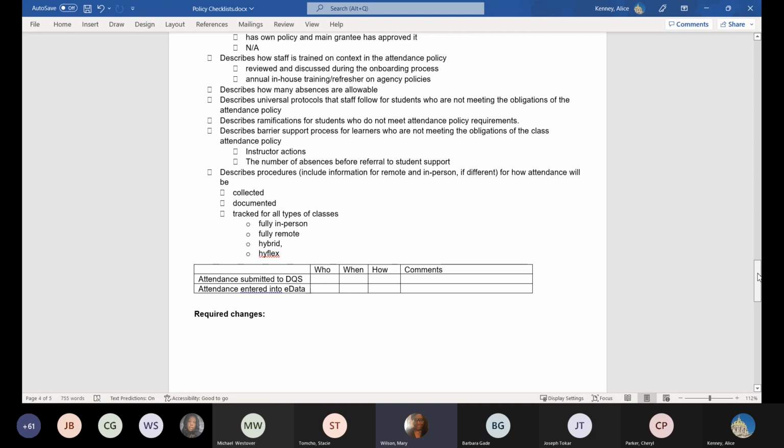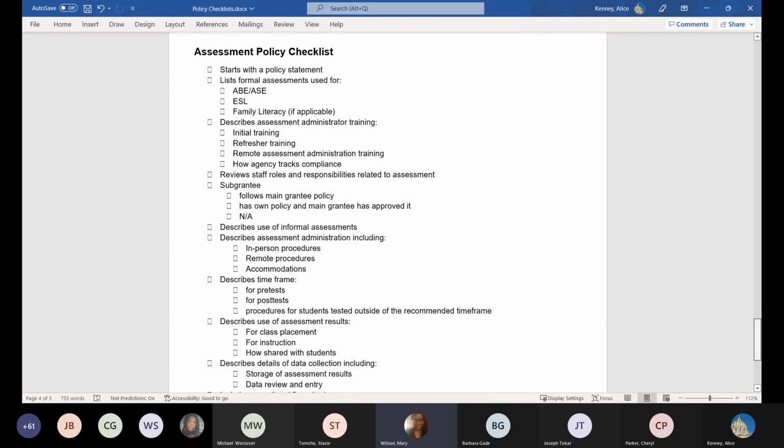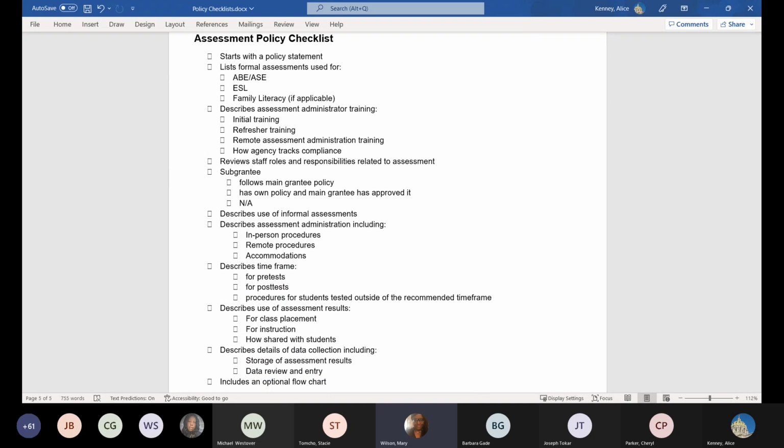And for the final checklist that we'll discuss today, it is the assessment policy checklist. And again, just pointing out a few items here. The third item down, describe assessment administrator training. So this includes all training for those staff who are administering the state-approved formal assessments.